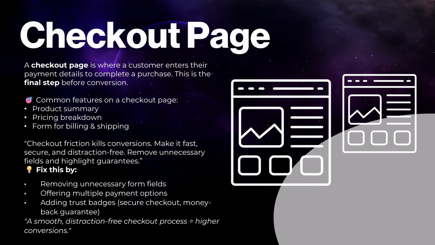Firstly, removing any unnecessary form fields. Secondly, offering multiple payment options, because if you provide them with fewer options, you are limiting their payment method. Thirdly, and lastly, adding trust badges such as secure checkout and money back guarantee to win their trust. And keep in mind, a smooth, distraction free checkout process is equal to higher conversion.